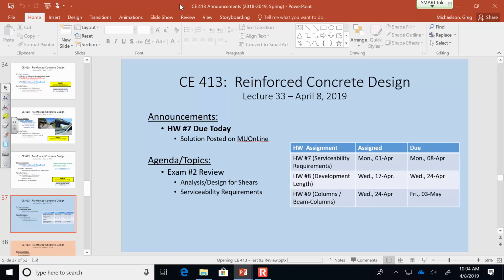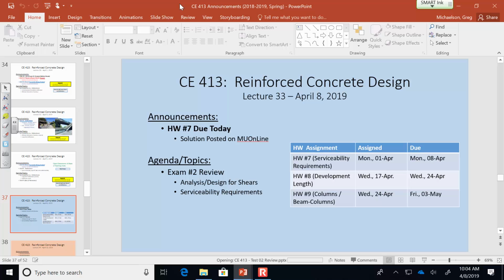Homework 8 is on development length. It's due on April 24th, which is a Wednesday, and it's assigned on the 17th, the Wednesday prior.